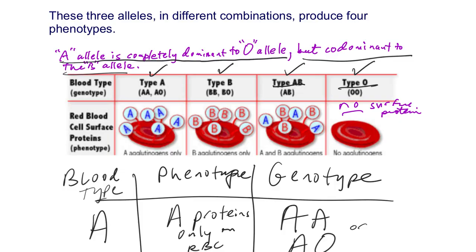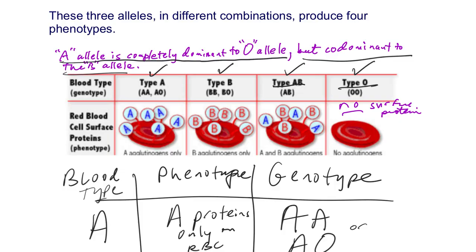Why is that incomplete dominance, and in this case A and B are not incomplete dominance, but codominance? You get a mixture when you have a heterozygous like AB. You get a mixture with both the A and B proteins forming.